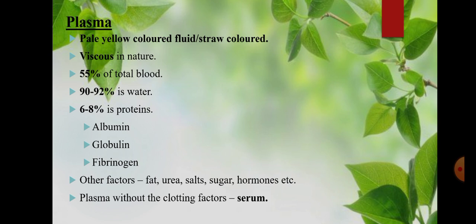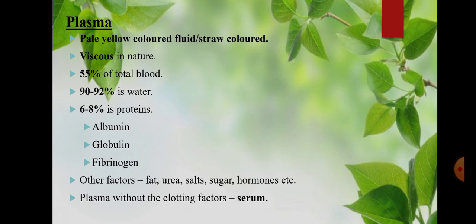There are other factors, that is fat, urea, salt, sugar, hormones, and some small amounts of minerals like sodium, potassium, calcium, bicarbonate ions, chloride ions, etc. So this is the composition of plasma: 90 to 92 percent water, 6 to 8 percent proteins, which are albumin, globulin, and fibrinogen.